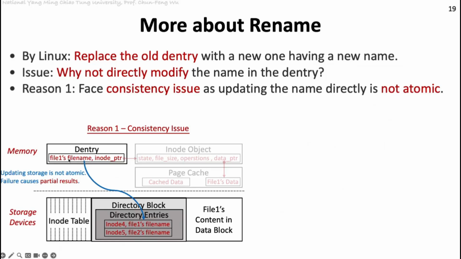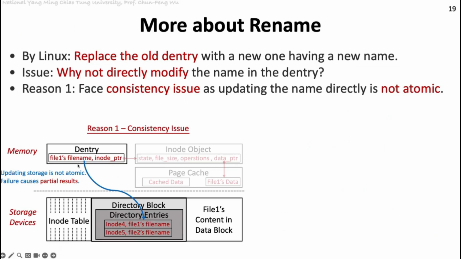For example, if file one's name is quite long and maybe we only write several characters inside the directory entries, then we face a system crash or power crash. Then in this case, the new name inside the directory entries will be partial, and there will be an error. There will be an inconsistency here.